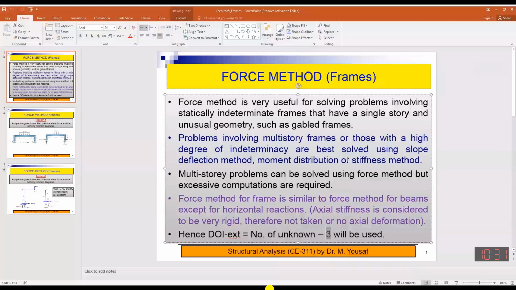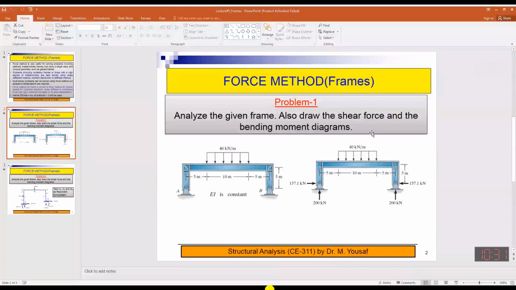Everybody is requested to draw this figure. Everybody, draw this figure, please.